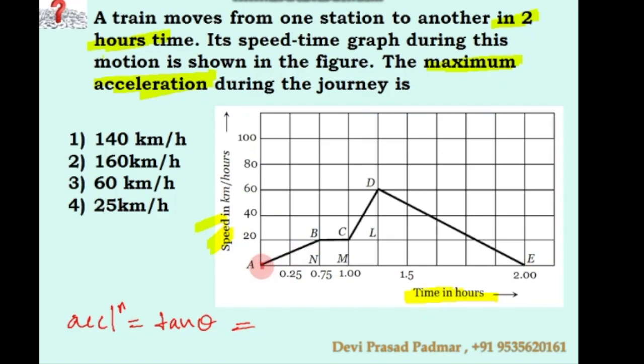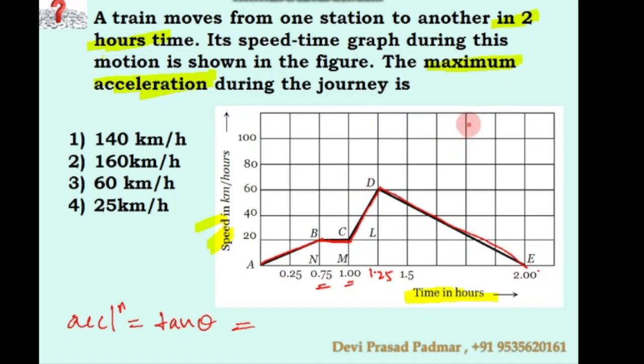When it moves from A to B, during time 0 to 0.75, its speed goes on increasing, right? From B to C, during time 0.75 to 1, speed remains constant. Then from 1 to 1.25, again speed goes on increasing. From 1.25 to 2, speed goes on decreasing.